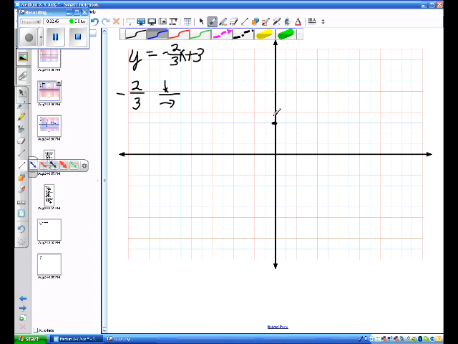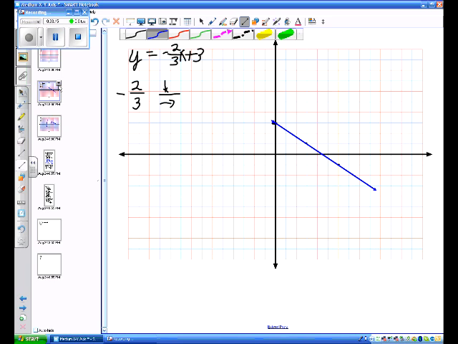Going down is negative, right is positive. And so from this point, I'm going to go down 2 to the right 3. Down 2 to the right 3, and then I can draw my line through those points. And it's going to keep on going, but you have your line, and that gives you all of the points on that line.